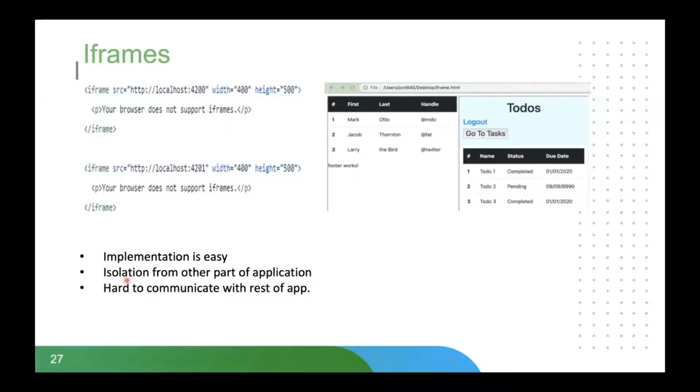But when we talk about isolation, it also has its challenges. This micro frontend can't communicate with the other parts of the application or the other micro frontends in the container. So communication will be very difficult. Whether you want to communicate with routing, history, or deep linking, it will be on its own, and it won't have any contract with the other parts of the application.